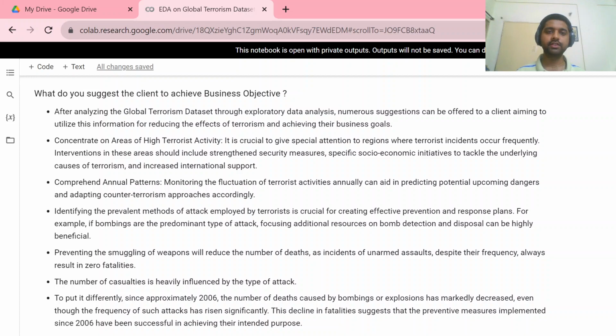We could specifically focus on those areas, and see the attack types there as well. Attack type correlates 0.66 with the weapon type. So by keeping an eye on weapon types, by stopping their manufacturing, smuggling, and the raw materials, we can decrease the number of deaths and terrorist attacks there.